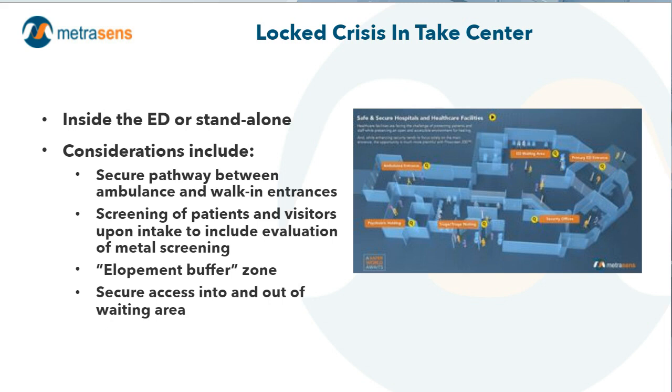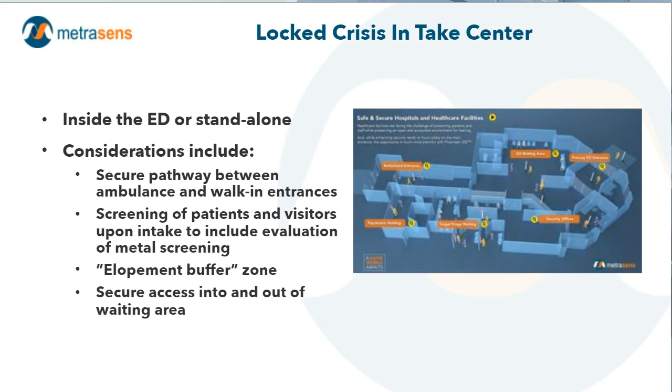Metal screening is something I'm seeing more and more around the country for some of these areas. You can Google it, there have been some very serious incidents where visitors bring things in to patients that they either harm themselves or harm others with.